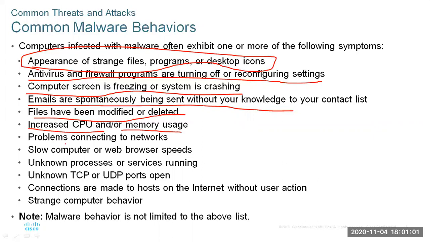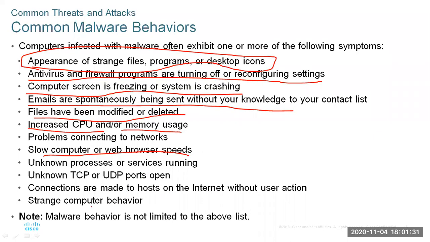Sometimes you have problems connecting to the network, your computer becomes slow, your web browser drops in speed, and so on. Or sometimes you see unknown processes running in the background when you check your task manager. Unknown TCP or UDP ports begin to open, and connections are made to hosts on the internet without your action.